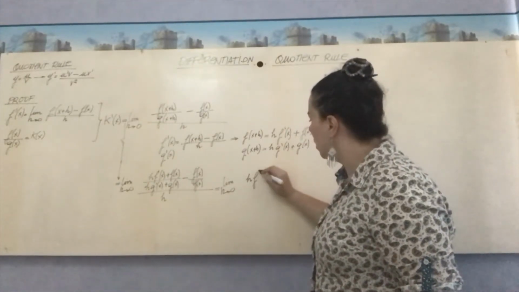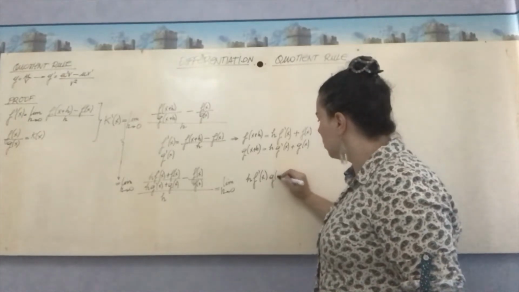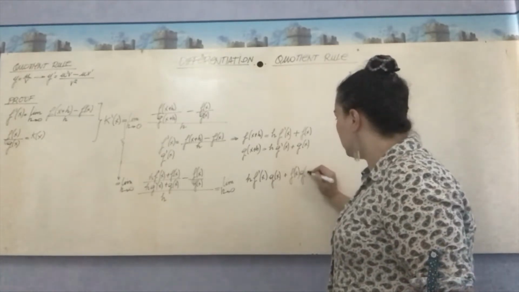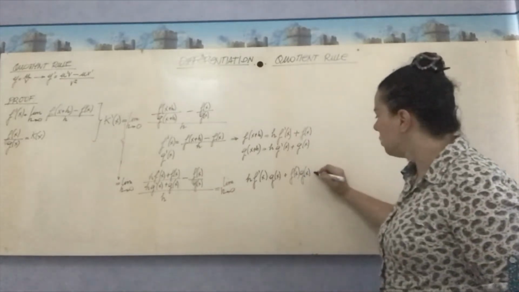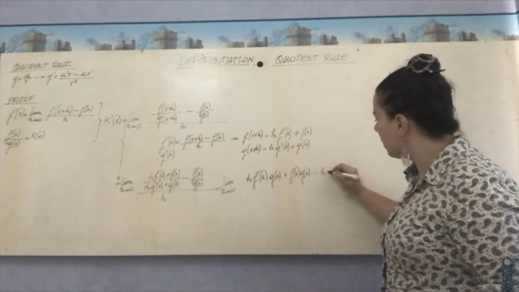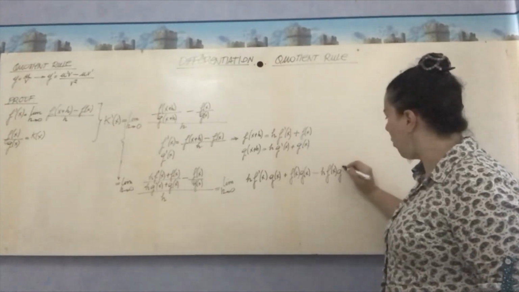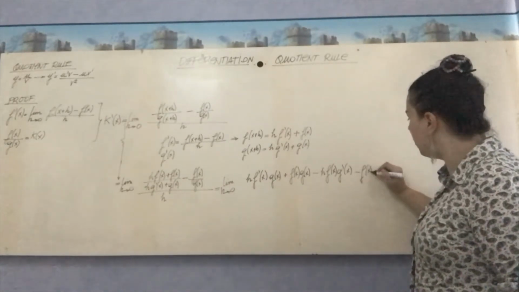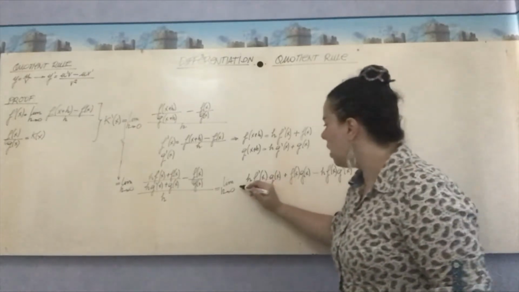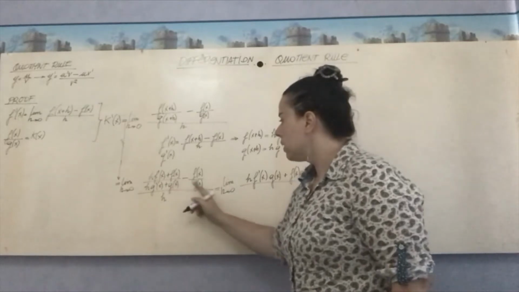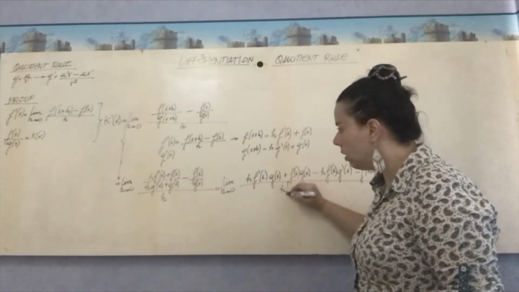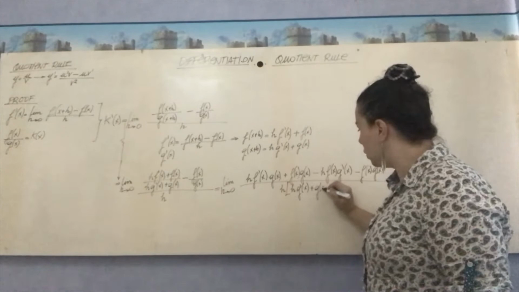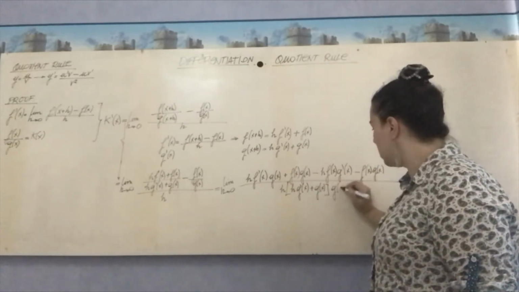So h f prime of x g of x plus f of x g of x, and then minus, and I cross multiply here, minus h f of x g prime of x, and the second one minus f of x g of x, and all of that divided by this product here, h times h g prime of x plus g of x, all of that times g of x.